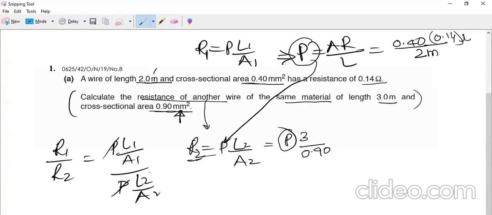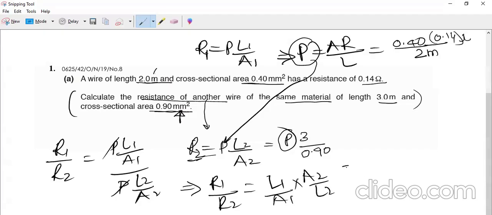Rho cancels. And then this implies R1 by R2 is L1 A2 by A1 L2, which is nothing but A2 by A1 into L1 by L2. And here the units cancel out.